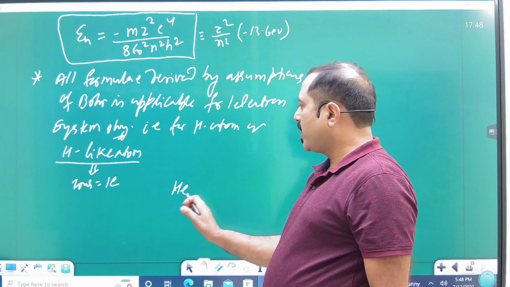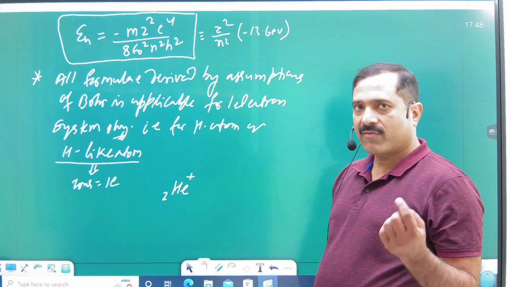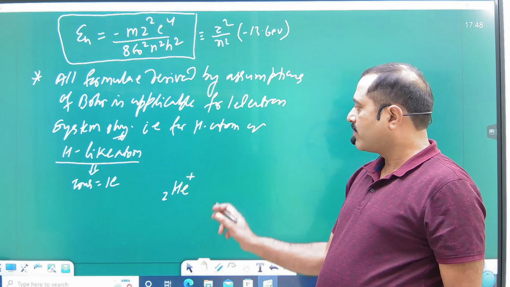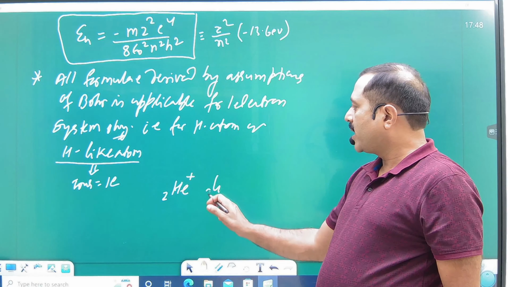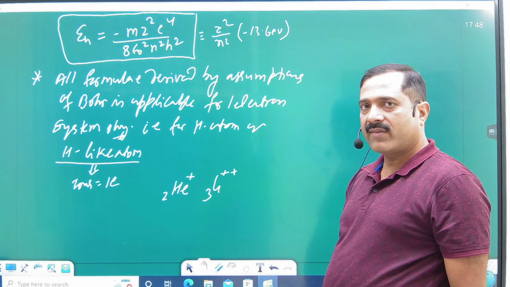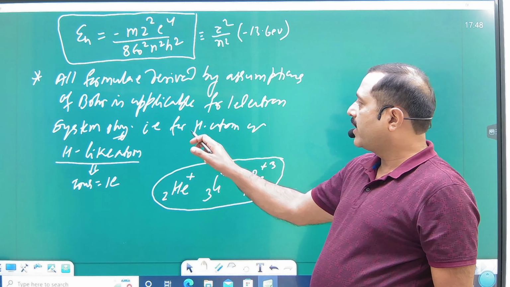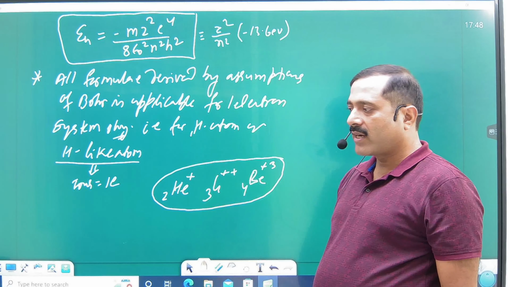Helium has atomic number 2; if one electron is removed, one electron is left. Lithium has atomic number 3; if 2 electrons are removed, 1 electron is left. Beryllium has atomic number 4; if 3 electrons are removed, there will be only 1 electron. So these species contain 1 electron, and hydrogen naturally contains 1 electron.